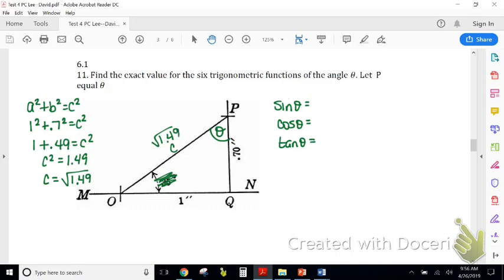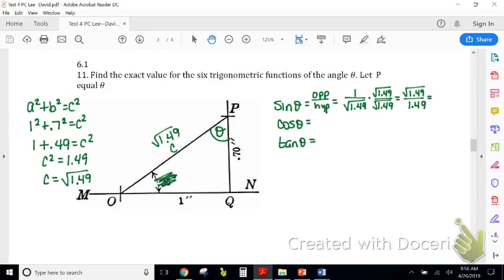So when we fill in for sine, we know sine was opposite over hypotenuse. And so we get, what is opposite? Over our hypotenuse we just found. Can't leave the radical on bottom. So we end up with the square root of 1.49 over 1.49.